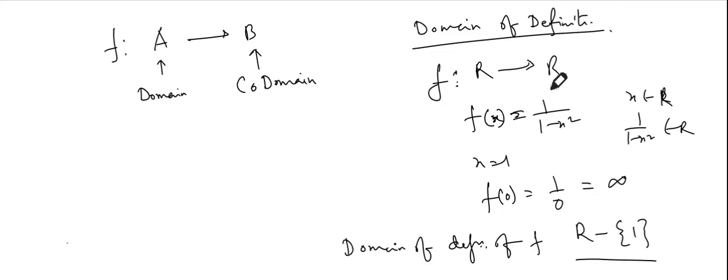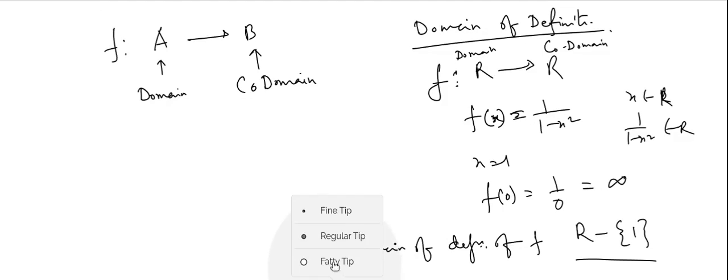Now R is the codomain, and this is the domain of definition. The whole of R may not be the range of f(x). Range means if we put different values of x here, then which set should be the outcomes of f(x). If we put x equal to minus 1 here, that would also become 1 by 0. So we may write it as R minus 1 and minus 1.